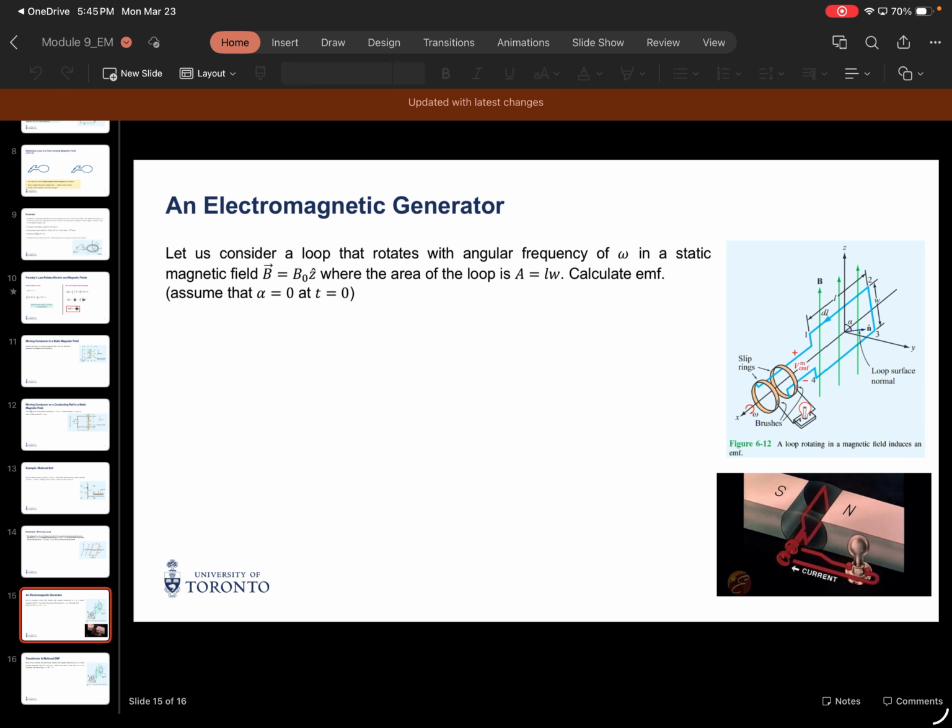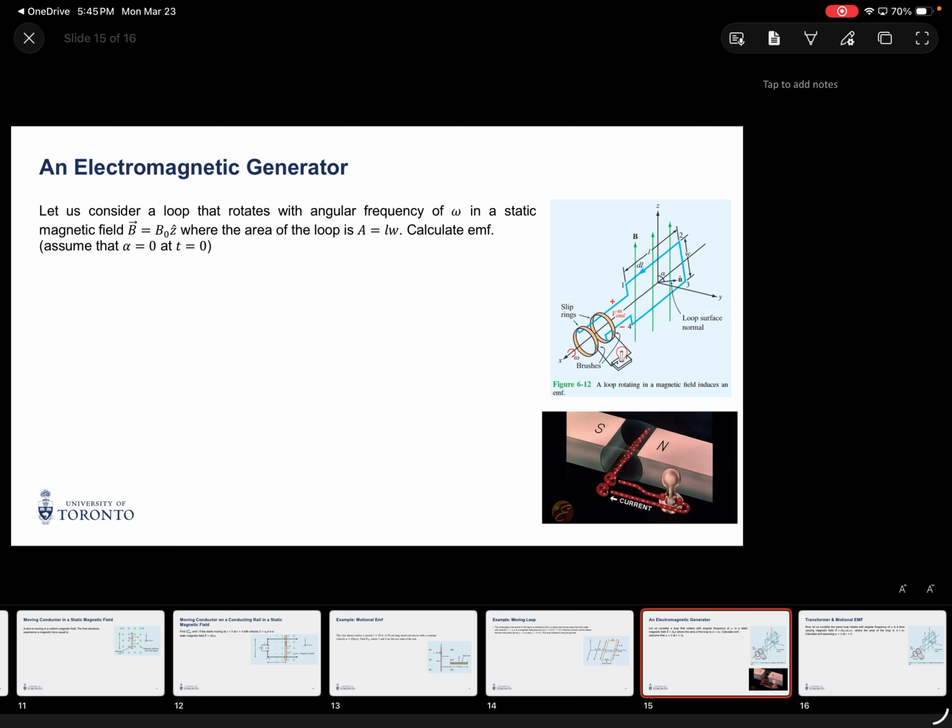So you can see here that as this is rotating, and we call those circles brushes, this looks like a DC motor with brushes, basically. And you can turn on the lamp by rotating it.